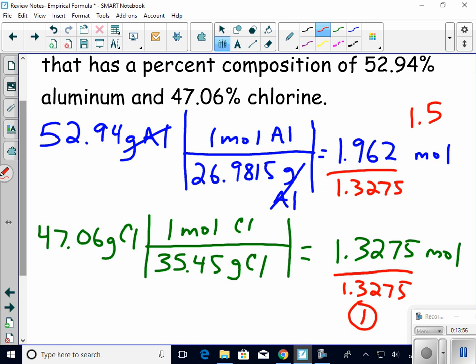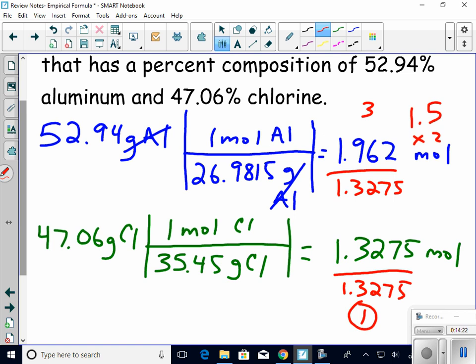So I'm going to make that into a whole number. How am I going to do that? I'm going to multiply that by 2, and if I multiply that by 2, I get 3. But what I do to the top one, I also have to do to the bottom one.